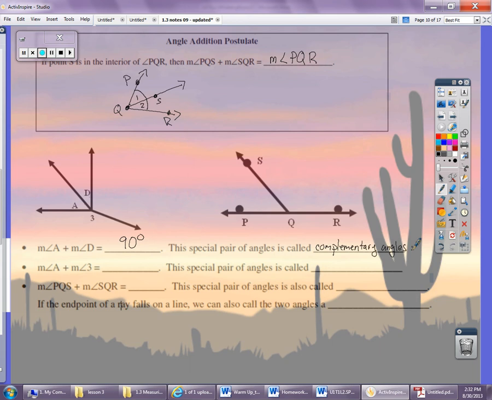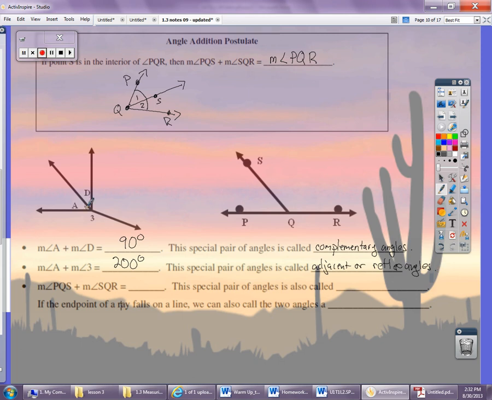And now if you look at the measure of angle A plus the measure of angle 3, that's going to equal 200 degrees. Now this special pair of angles is called adjacent or reflex angles. Alright, they're next to each other.